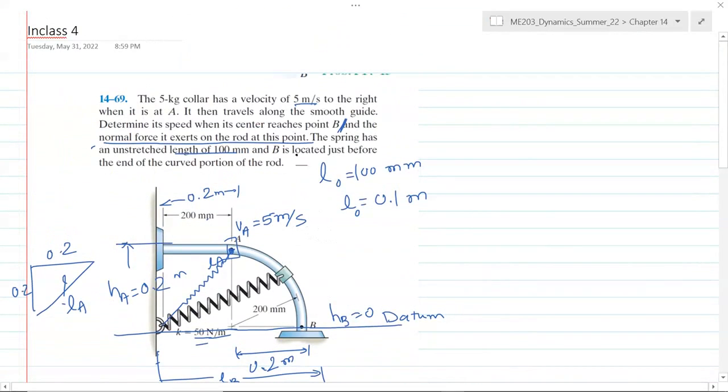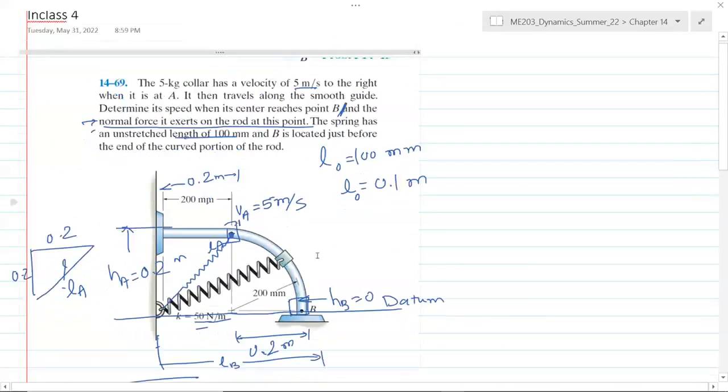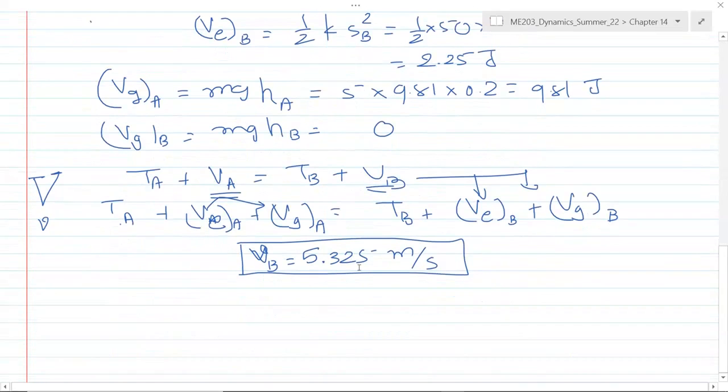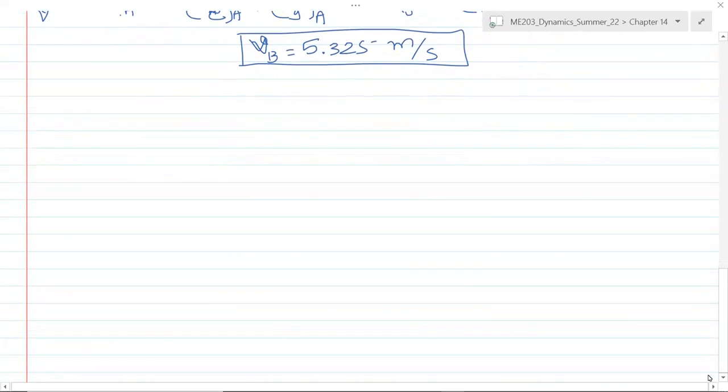And the second part is: what is the normal force it exerts on the rod? So this collar, when it reaches here, how much force does it exert on this rod? So that's what we need to calculate. So for that we apply, okay, so this is B and this is the position of the collar. We apply the normal tangent coordinate system once again.